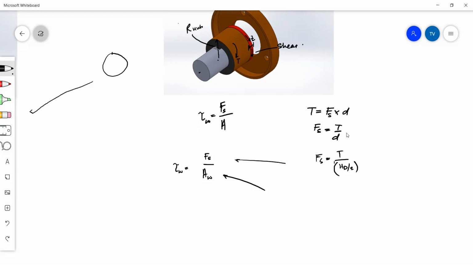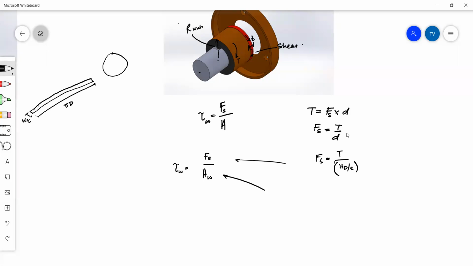And we're going to turn that into a rectangle where the length is the circumference of the circle, so pi d, and the width is your flange thickness or web thickness.